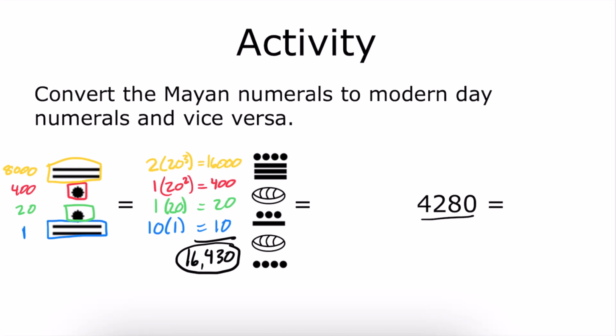And then the way that you would calculate the next one is very similar, because you would say, okay, well, this part right here tells me that I have 4 1s. This part right here tells me that I have 0 20s. And then this part right here tells me that I have 8 400s.